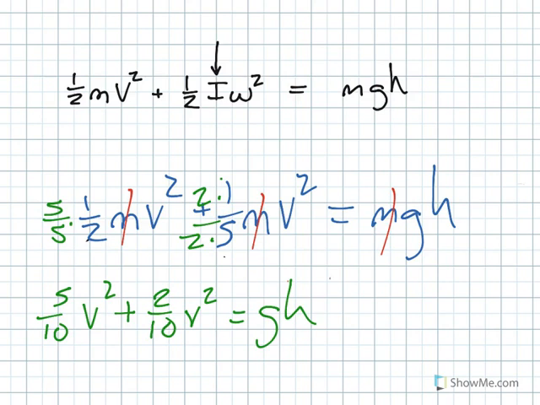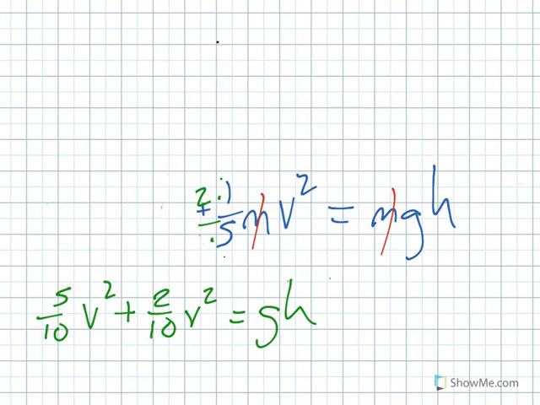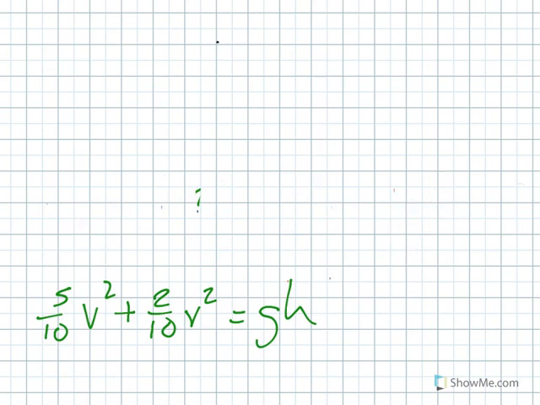All right, and then 5/10 plus 2/10 is 7/10. I should go to a new page here, but I'm not going to. So 5/10 and 2/10, definitely 7/10 v squared is equal to gh.